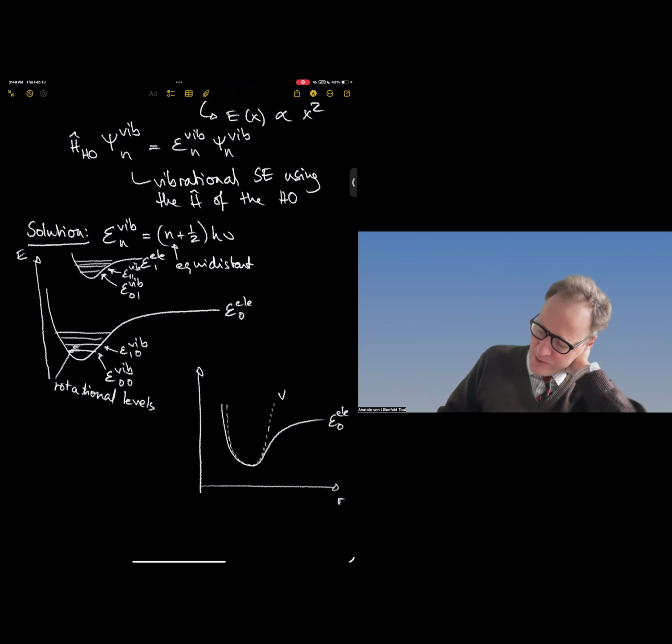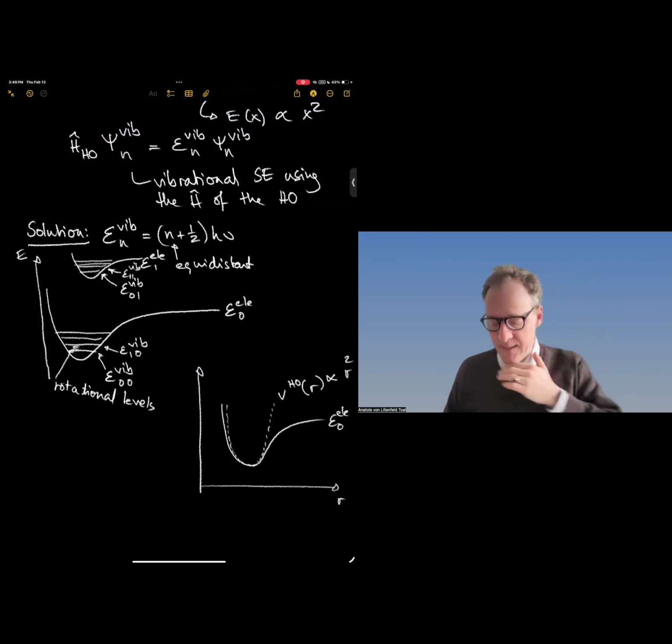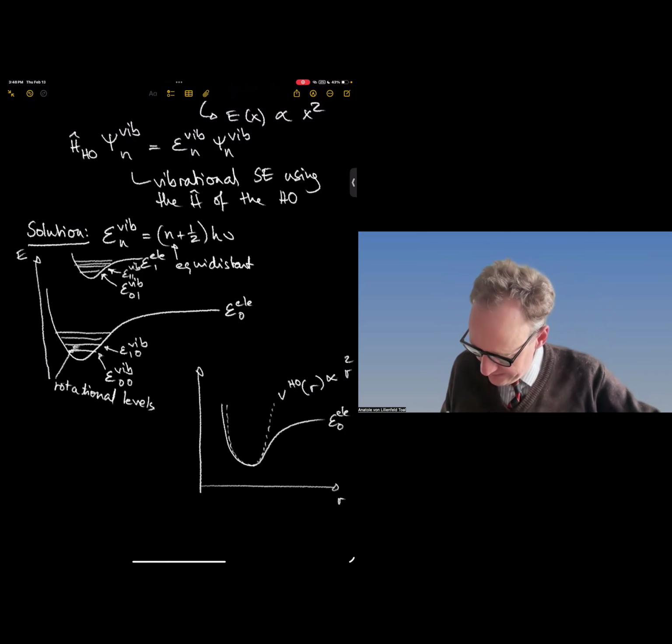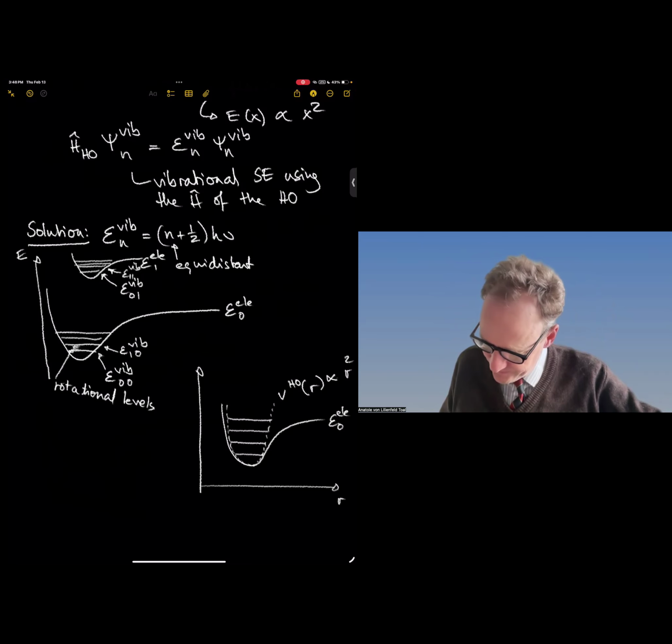So this would be our harmonic oscillator potential, which is proportional to simply x squared. Sorry, r squared, right? And it's in this potential that our eigenvalues are exactly equidistant.